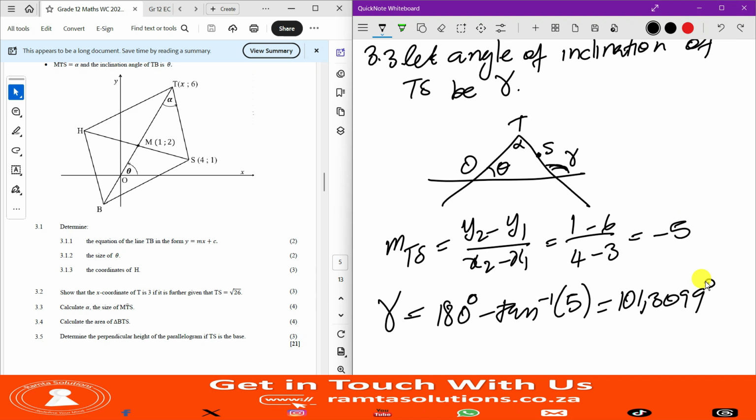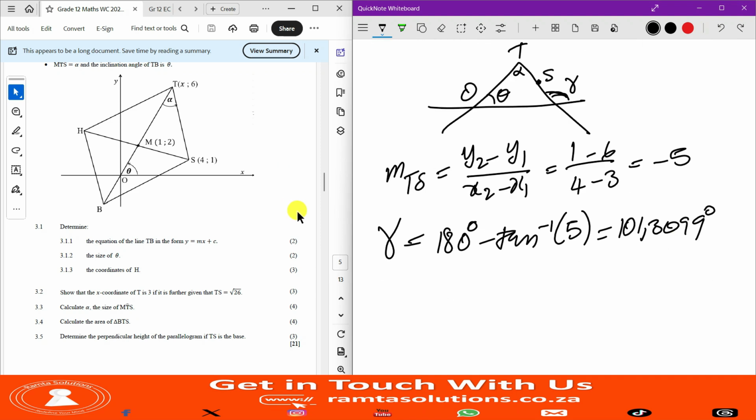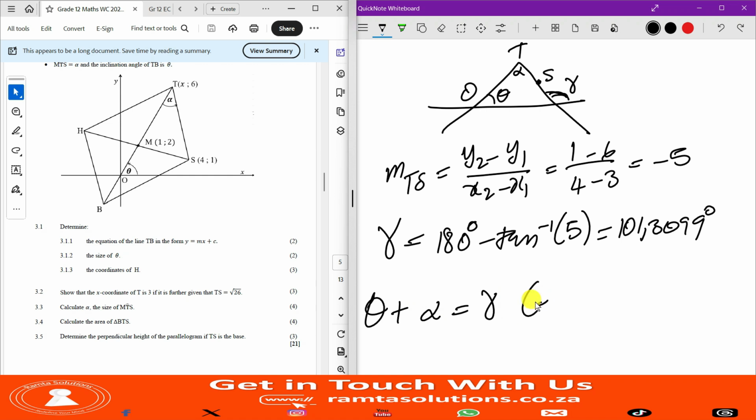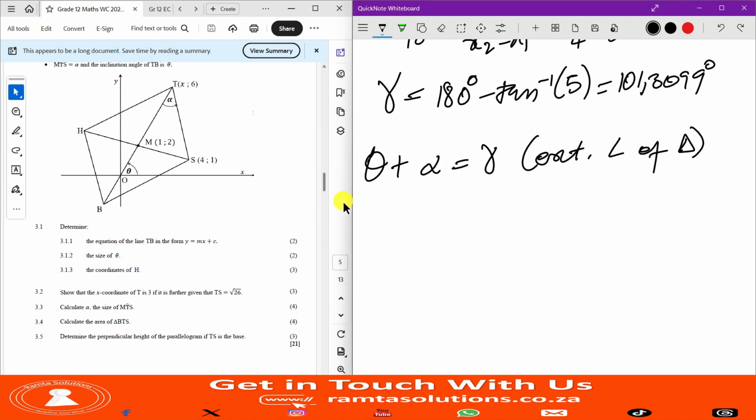3099 degrees. All right. Now, one thing that you should see from here is that theta plus alpha is equal to gamma. The reason is exterior angle of a triangle. Okay, guys? The reason is exterior angle of a triangle.